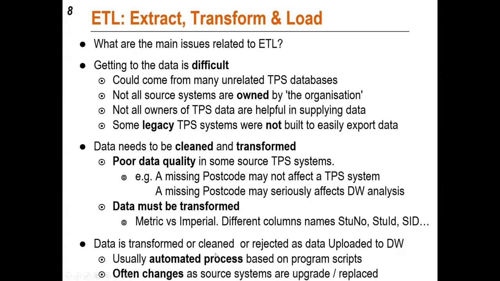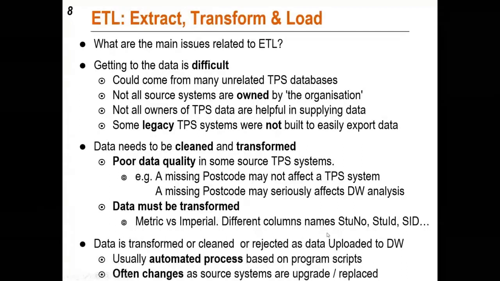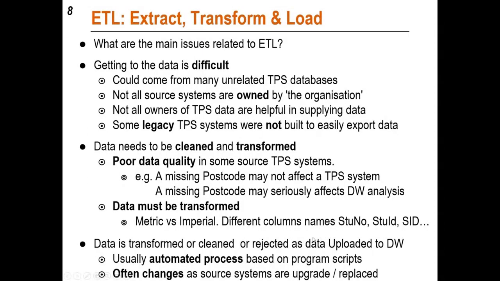Sometimes these columns can have different meanings, because SID, student ID may have two different meanings in two different tables. So we need to clarify that as well before we move these data into our data warehouses. So data has to be transformed or cleaned, or sometimes we need to reject the data before we upload it to the data warehouses.